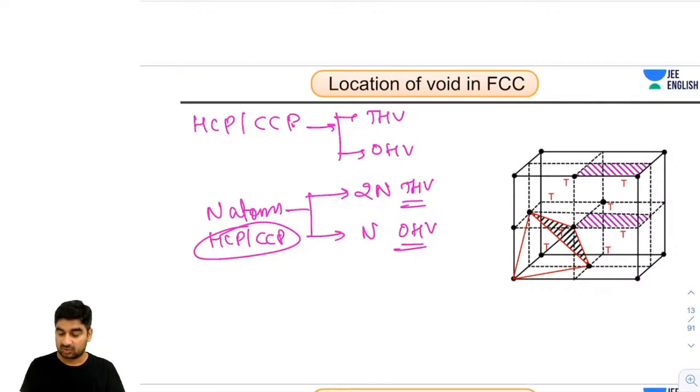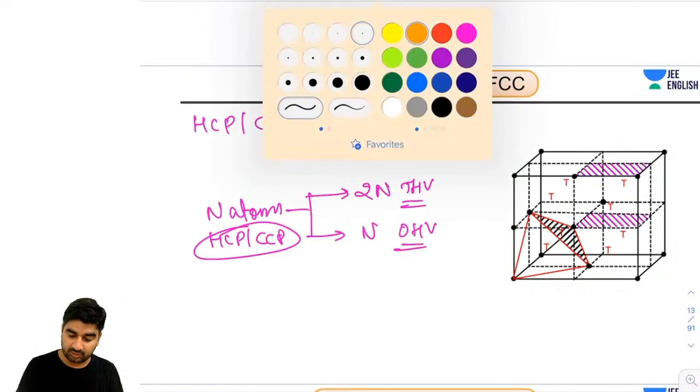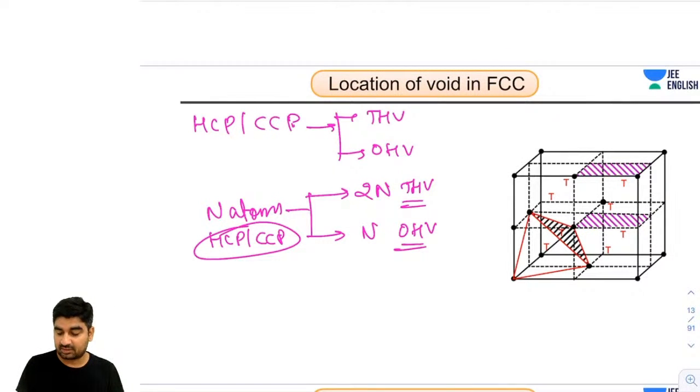Okay. So here, where are the tetrahedral voids? Where are the octahedral voids in FCC? So now I will tell you about their locations. If I divide this big cube into small 8 cubes, at the body center of each cube there would be a tetrahedral void.